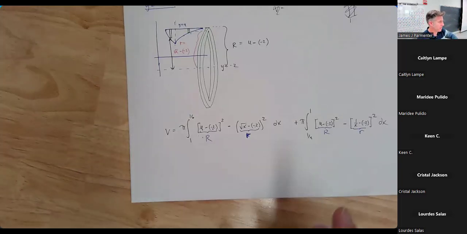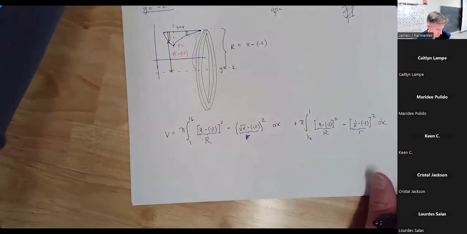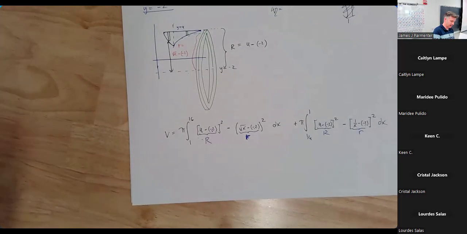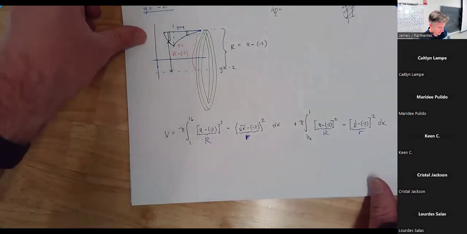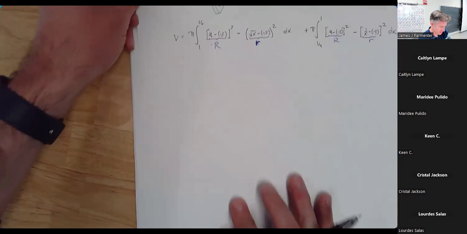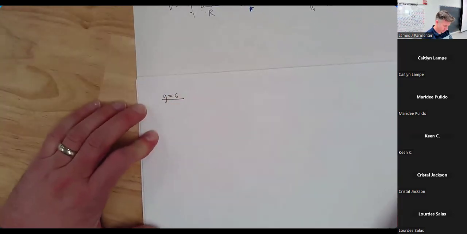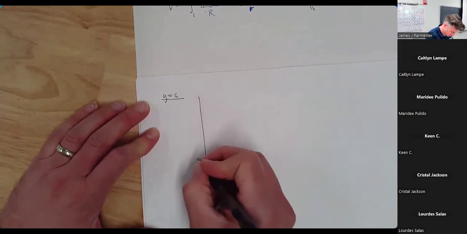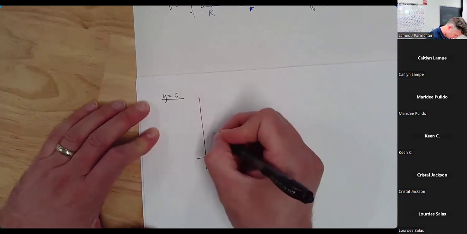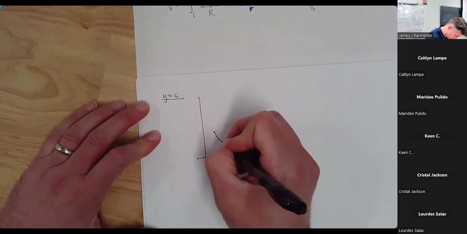So let's do one more like this. There's just one more thing I want to point out. What if instead we went around the line y equals 6? Well, now it's the same sort of deal, same region here.